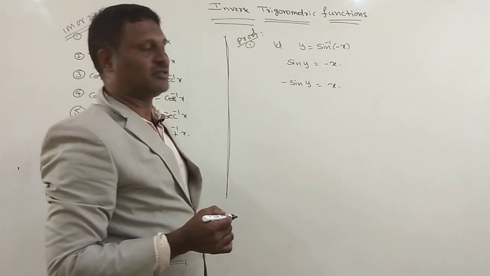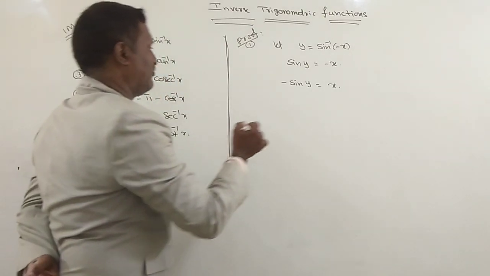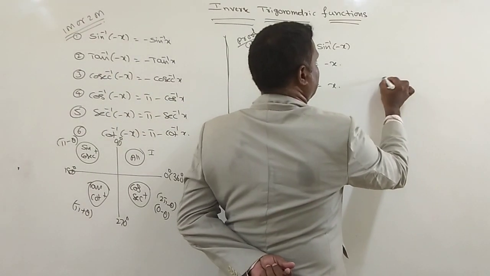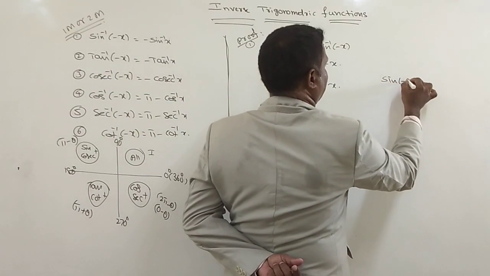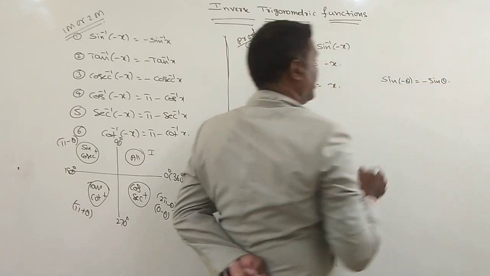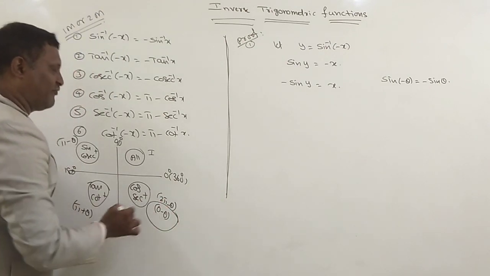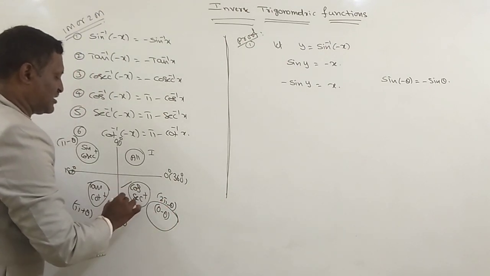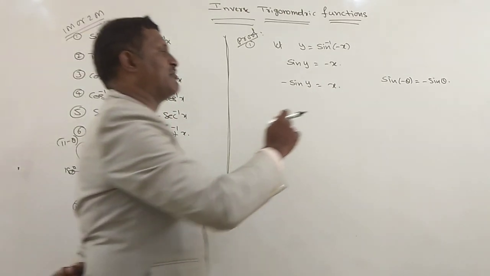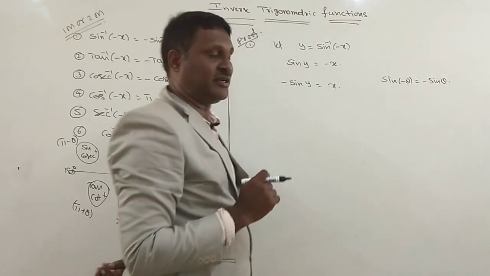Now, by using the fourth quadrant, sine of minus theta, what we can write? Minus sine theta. Minus theta comes under the fourth quadrant. In the fourth quadrant, except cos and secant, rest all are negative. So sine of minus theta we can write minus sine theta.